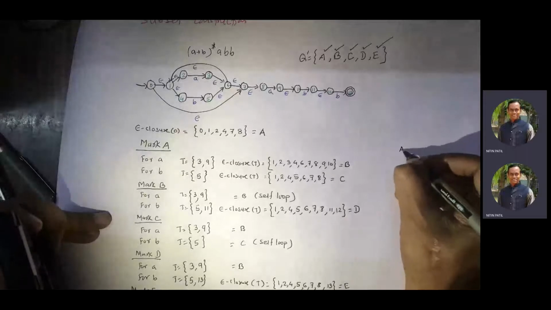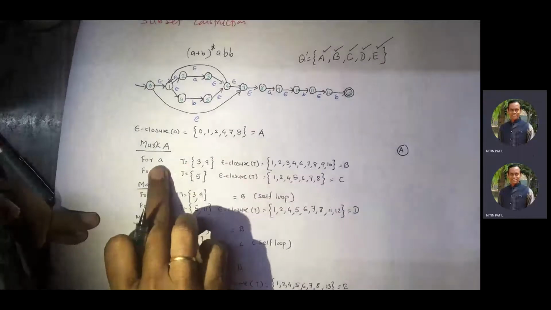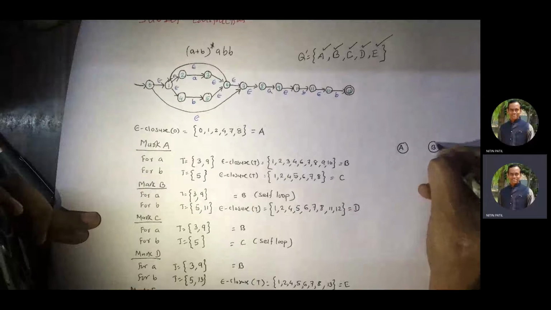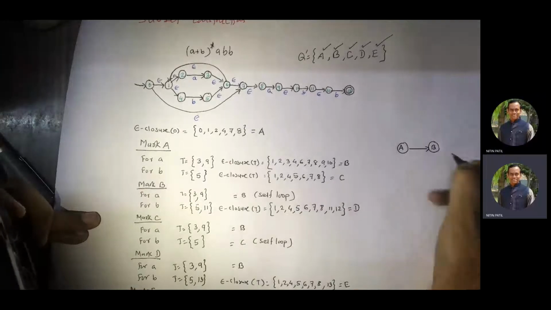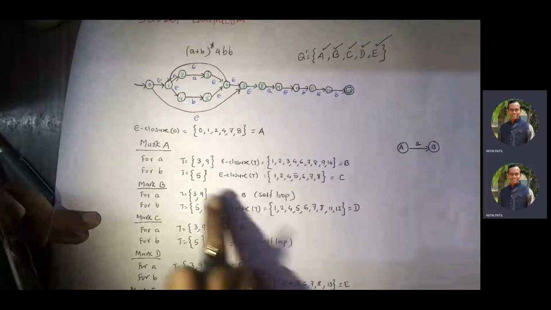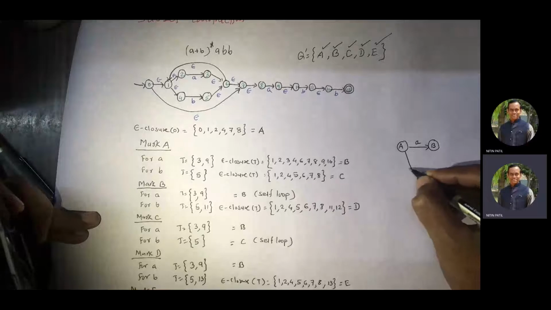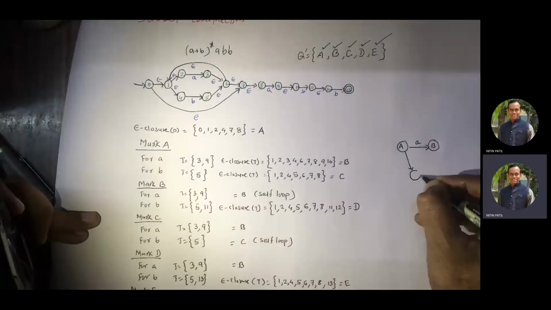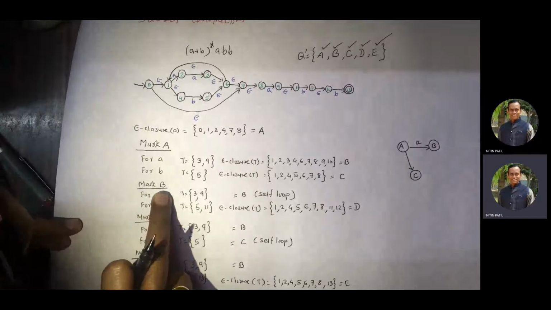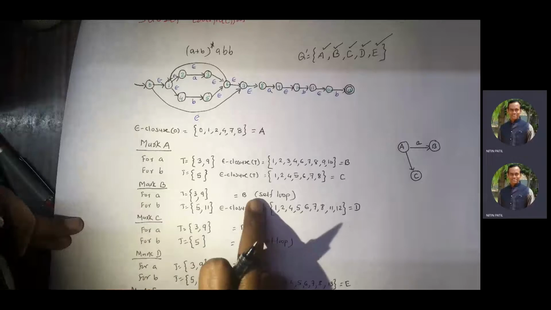Now let us draw for A first. Now from A, when we give input A, it is going to B. So let us add this. Correct. So this would be input A. From A, when we give B, it goes to C. From B, with A, it is a self loop.